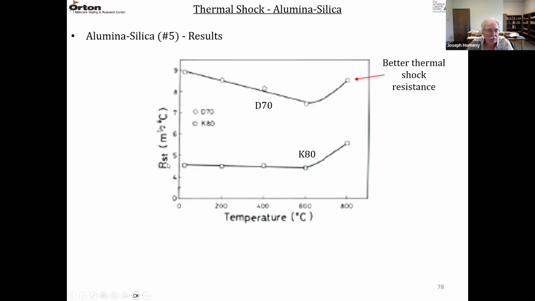And if you calculate RST, the square root of meters degree C, and so D70 is roughly 8 to 9, and then K80 is about 4.5, 5. So based on RST calculations, the 70% alumina should have better thermal shock resistance.